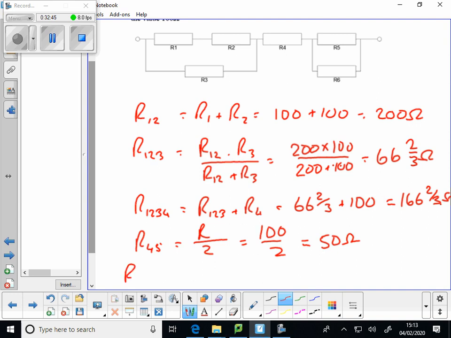Therefore, RT is R1,2,3,4 plus R45. That is 166 2/3 plus 50 equals 216 2/3.